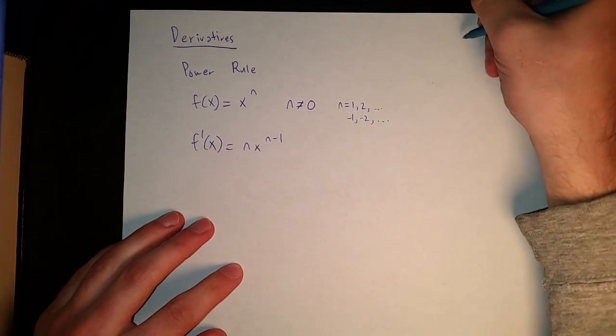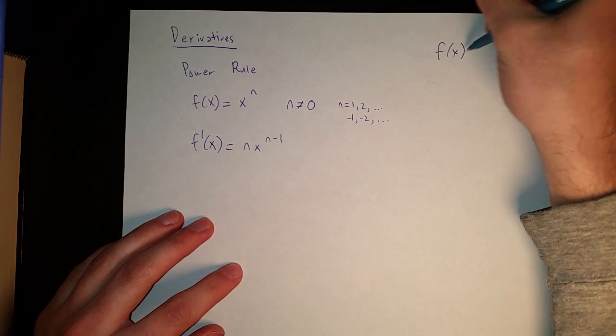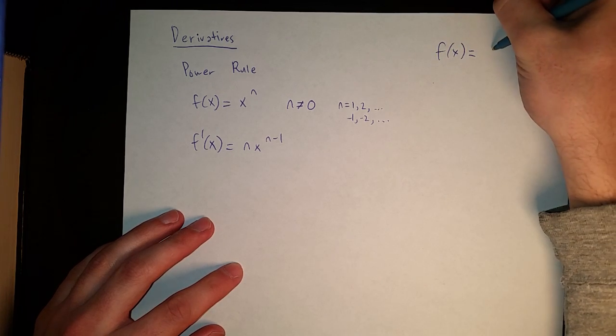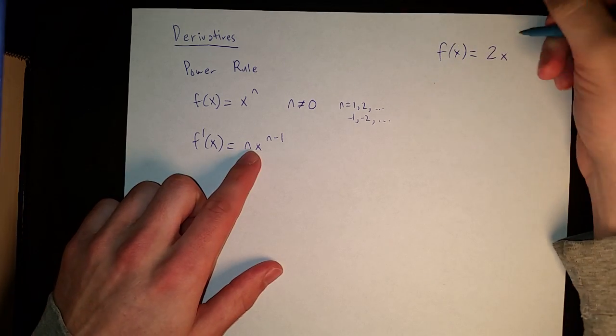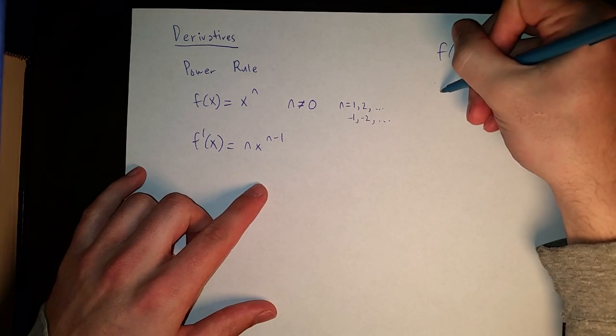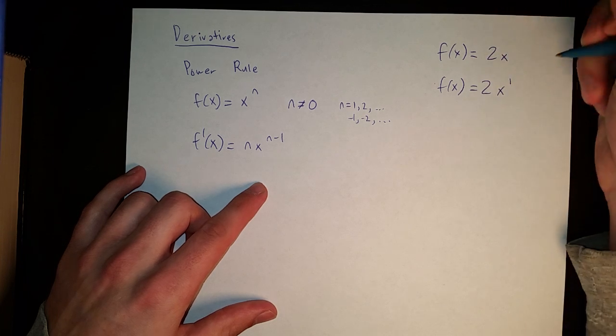So first example, let f of x equal 2 times x. Then let's apply our equation. Let's rewrite this: f of x equals 2x to the 1, n equals 1.